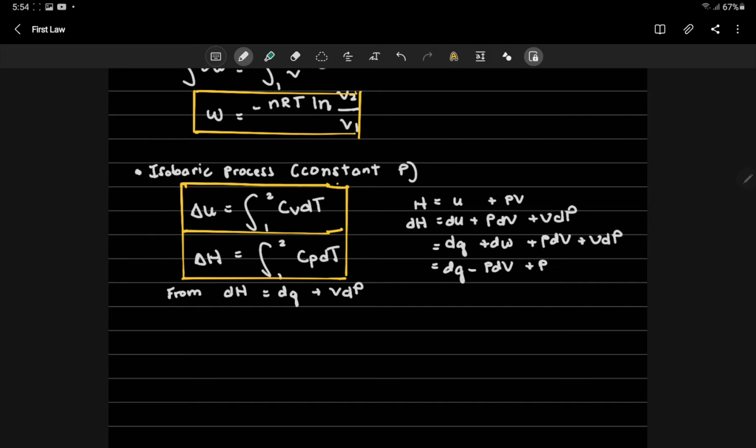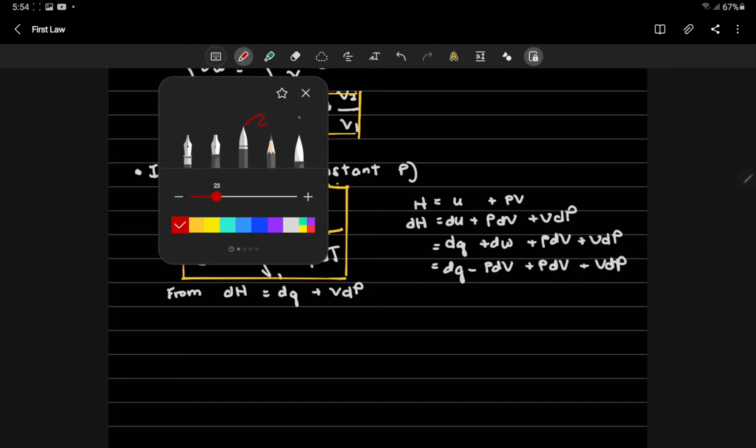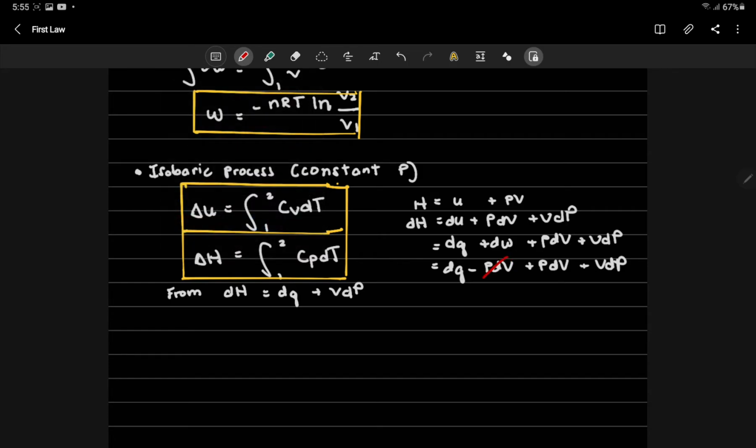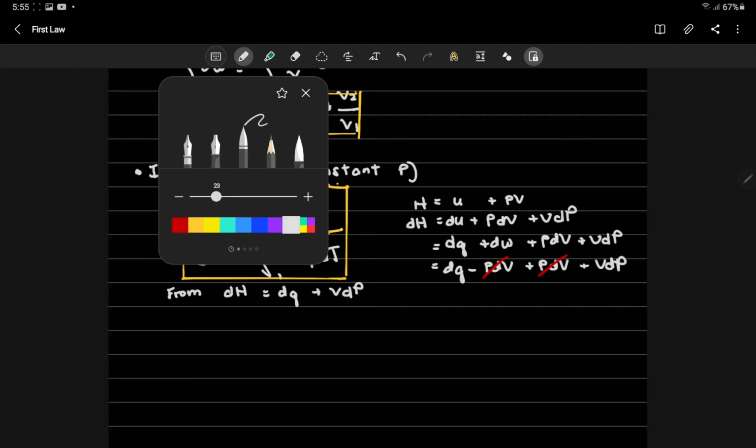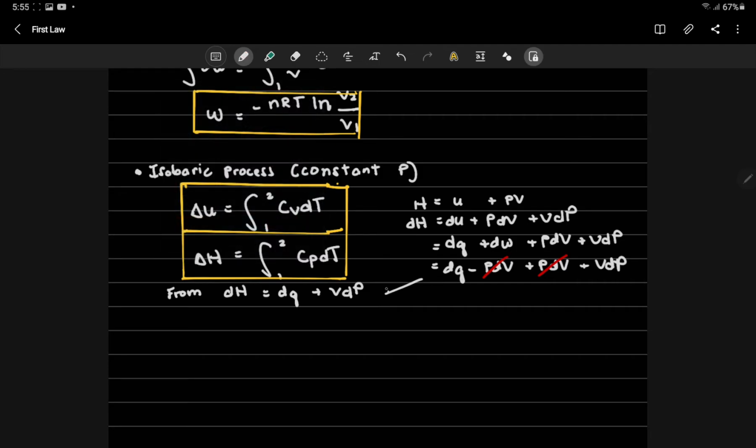So, plus PdV plus VdP. Of course, may similar terms na nag-appear sa equation, which is minus PdV and plus PdV. I mean, they cancel each other out because they have opposite signs. So, ang matitira therefore, dun sa equation na yan, is itong tinutukoy ko dito.